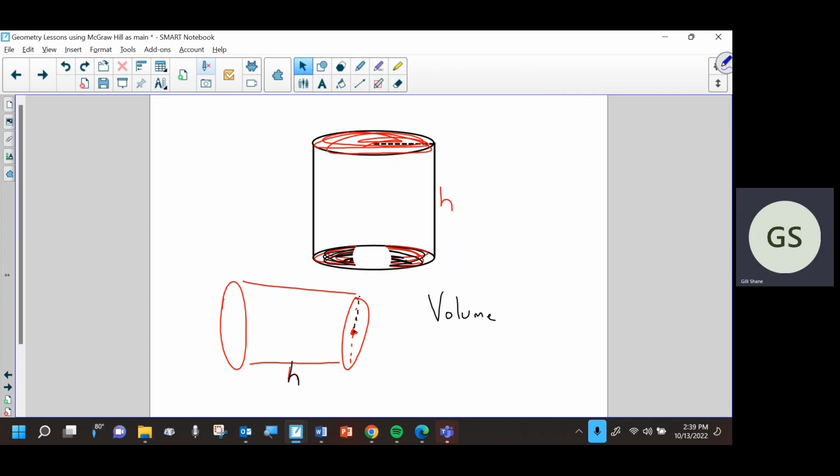I'm not going to do a whole problem, but let's say the area of the circle on the bottom was 10. Well, every time I stack another circle on top of that circle, I'm adding another 10. So again, the volume of a cylinder is just the area of the base times the height, for that reason. I'm just stacking 10 plus 10 plus 10 plus 10, and the height is how many times I stack that up, basically.